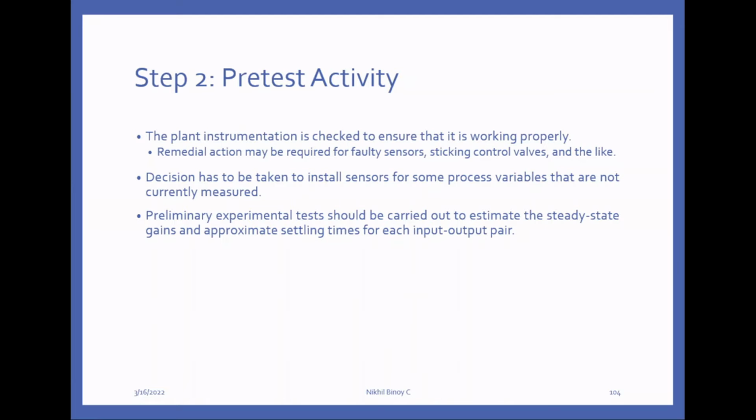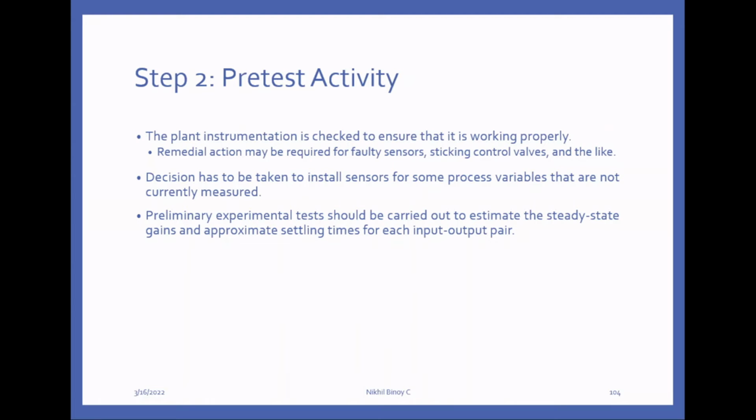So we have to know the settling time. During this pretest activity itself, we can do some preliminary experimental tests where we are not checking the dynamics; we are checking what the settling time is. We are not checking whether it is oscillatory, or the initial time constant, etc.